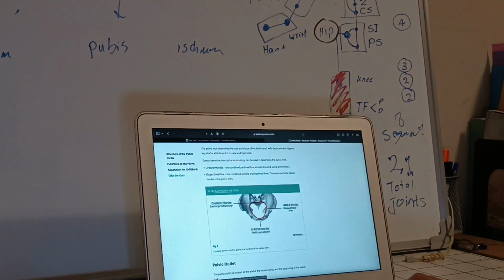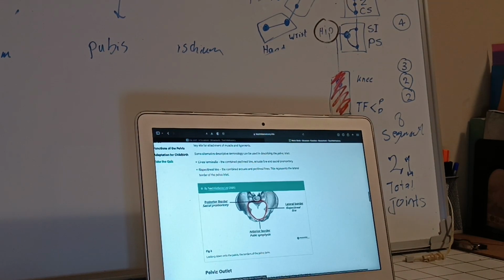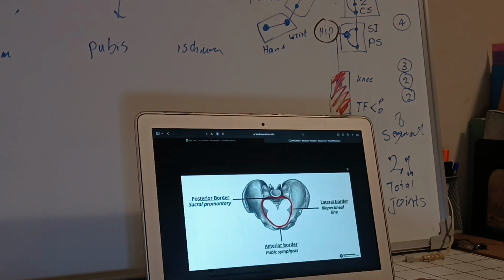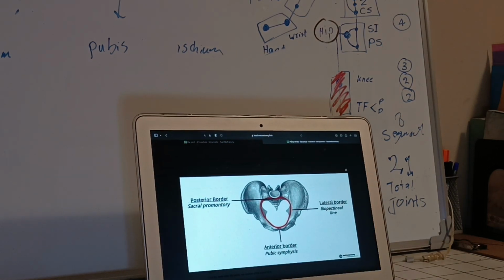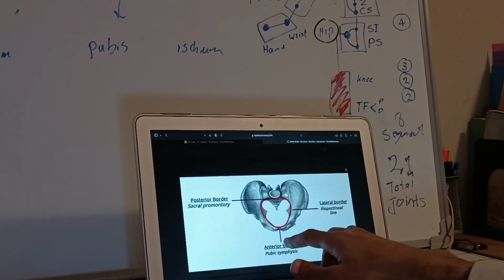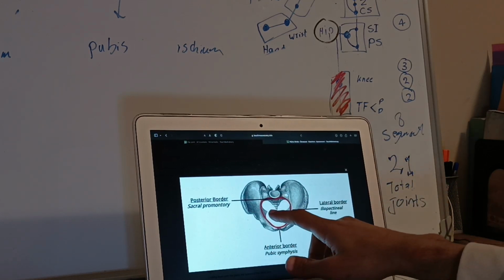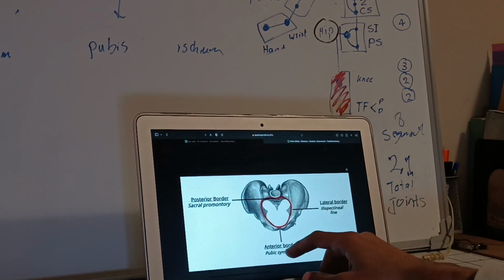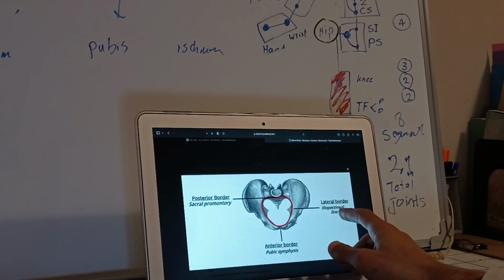Okay, this is the border of the pelvic brim. So the pelvic brim has the sacral promontory and the pubic symphysis. Posterior, the sacral promontory. Anterior, the pubic symphysis. And laterally, the iliopectineal line.